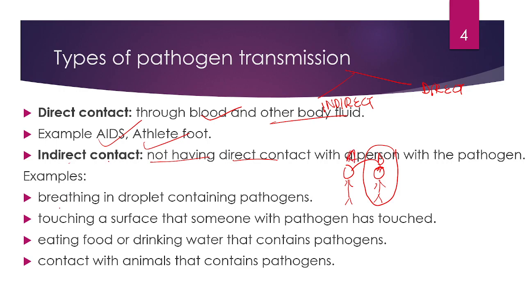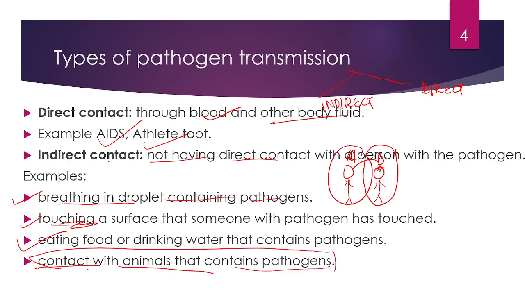Maybe person A could breathe in droplets containing the pathogen, or touch the table that they're both sitting at. Maybe person B touches the table and later person A touches it, so A could get the disease. Maybe they'll eat from the same plate. Another way is contact with animals that contain pathogens. This doesn't have to do anything with A and B, but that's another way of indirect transmission of pathogens.